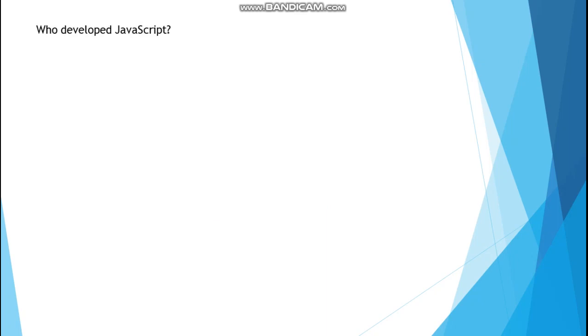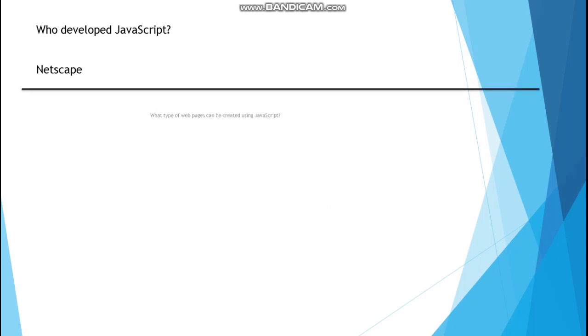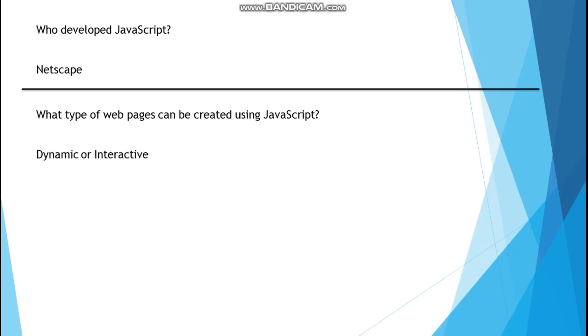Now we will see a few questions regarding JavaScript. Who developed JavaScript? Remember, Netscape company. Netscape developed JavaScript. What type of web pages can be created using JavaScript? We can create interactive or dynamic web pages.